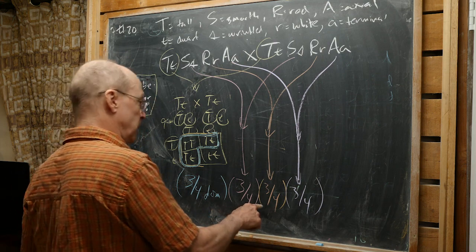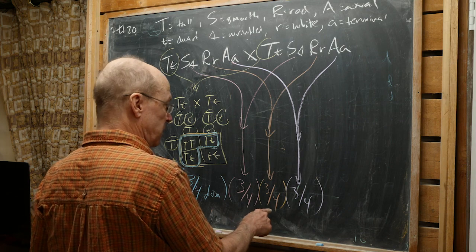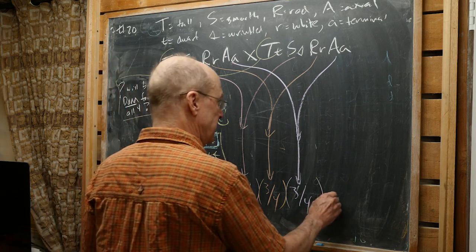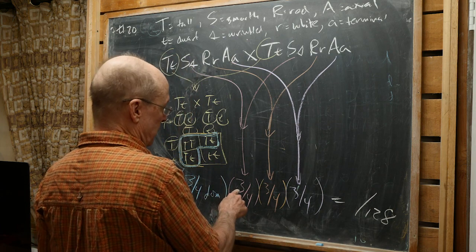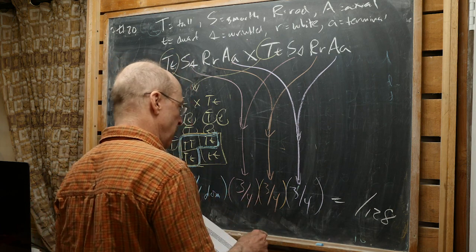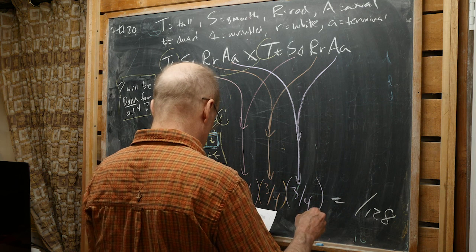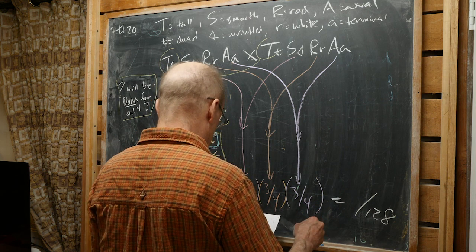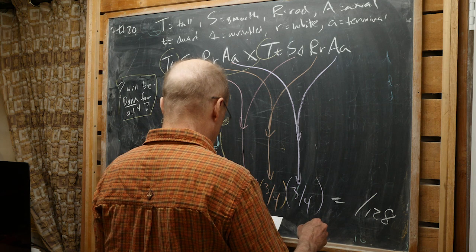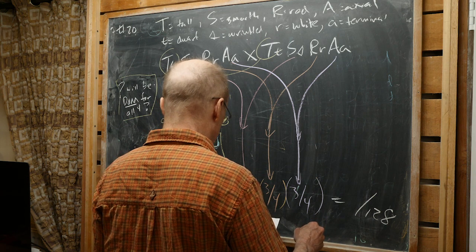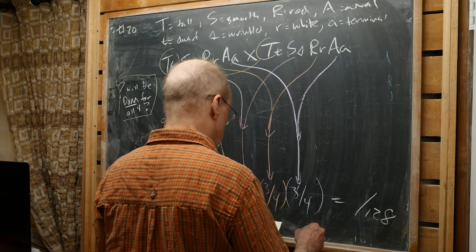So that's 16, 64, 128 is our denominator. And then 3, 6, 9, 27, and 67. Let's see. Did I do it right? 4, 8, 9, 64.